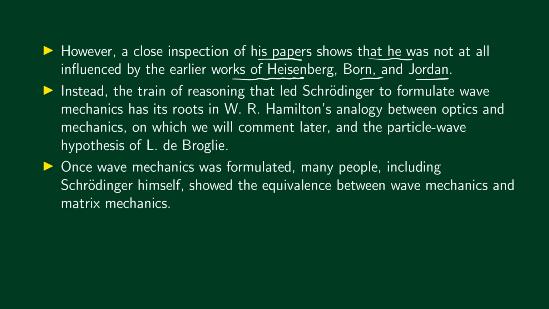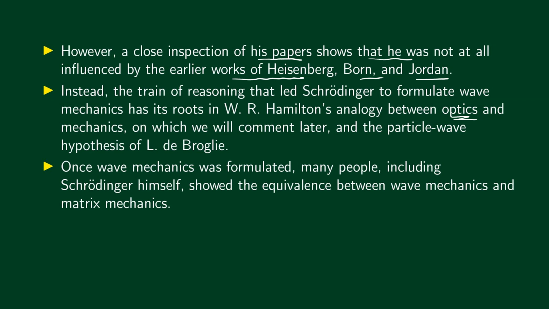Instead, the reasoning that led Schrodinger to formulate wave mechanics has its roots in Hamilton's analogy between optics and mechanics, and the particle wave hypothesis of Louis de Broglie. So Louis de Broglie had come up with this particle wave hypothesis. Schrodinger was trying to obtain an equation that governs this particle wave. That's how historically he came to this Schrodinger equation.